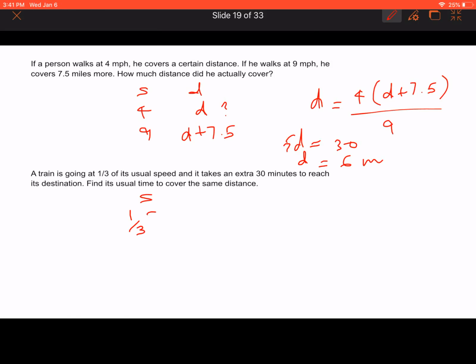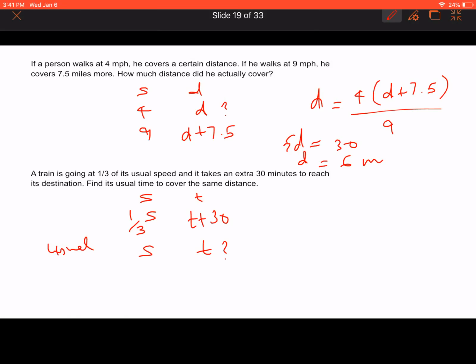Suppose the usual speed we give as s, then now it is traveling at 1/3 of that speed, and takes an extra time of 30 minutes. So if it normally takes t minutes, then it is taking t plus 30 minutes. Find its usual time to cover the distance. So what is t they are asking?